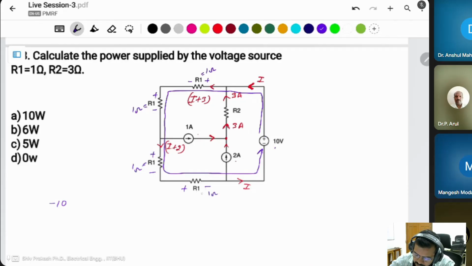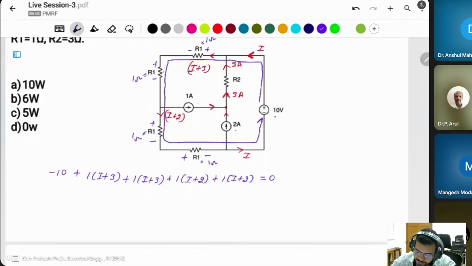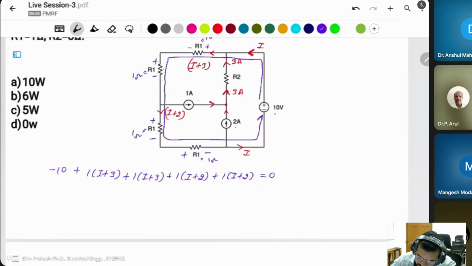Then 1 ohm positive is there, plus 1 into I plus 3, plus 1 into I plus 3, plus 1 into I plus 2, plus 1 into I plus 2 is equal to 0. This will be minus 10, plus 4I plus 3 plus 3 is 6 plus 2 is 10, equal to 0.